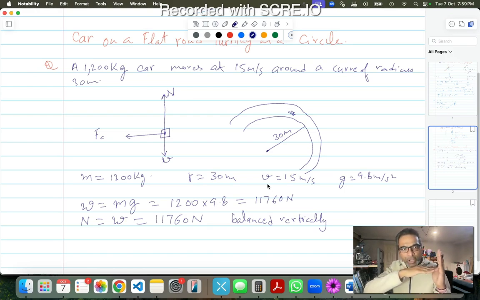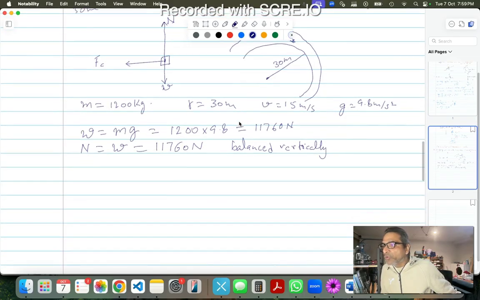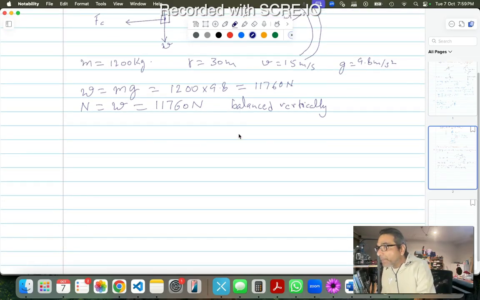But then because it is moving in a radius, there is a force which is pulling it towards the center, and there must be an equal and opposite one, because it's staying on the road, not going off the road, so we have to see the centripetal force, right?